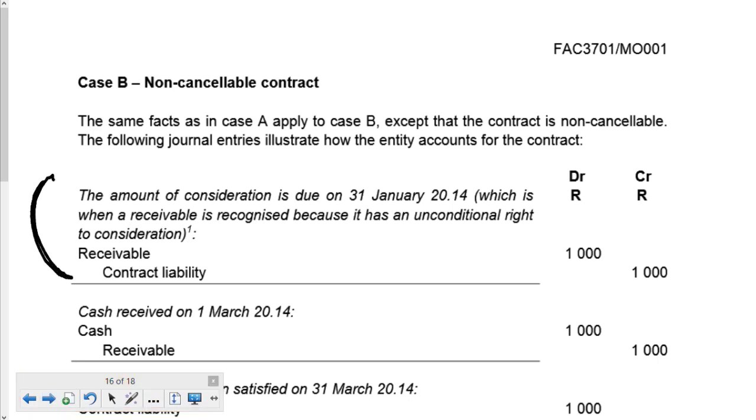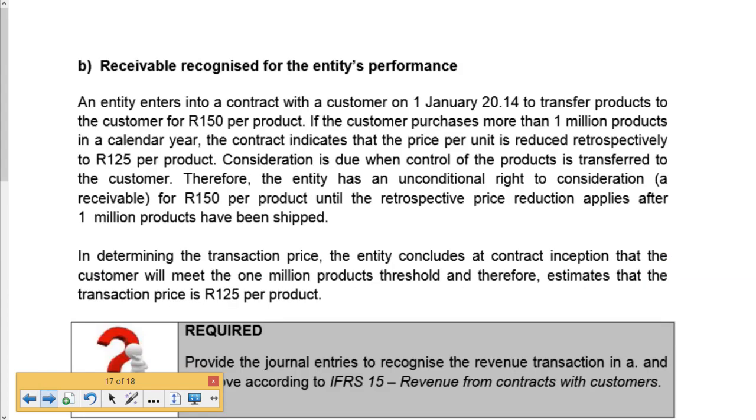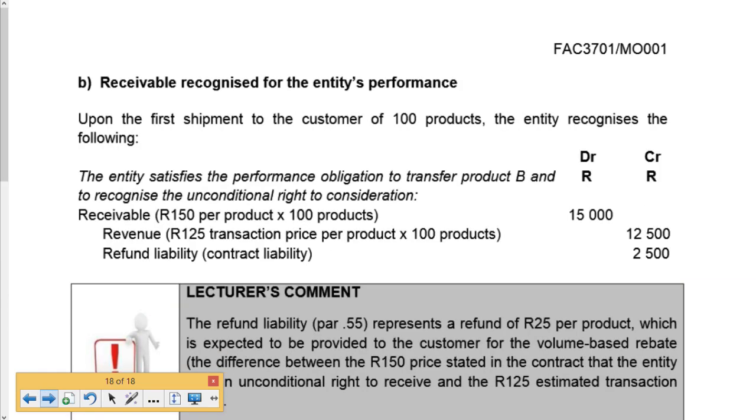So when we enter into the contract, we immediately recognize a receivable because it's a not cancelable contract. But the other side is income received in advance. So it seems like a funny journal, isn't it? Income received in advance, receivable. But then when we receive the cash, it goes cash, receivable. And then when we meet the conditions, it goes liability, revenue. I don't know. These are funny ones.